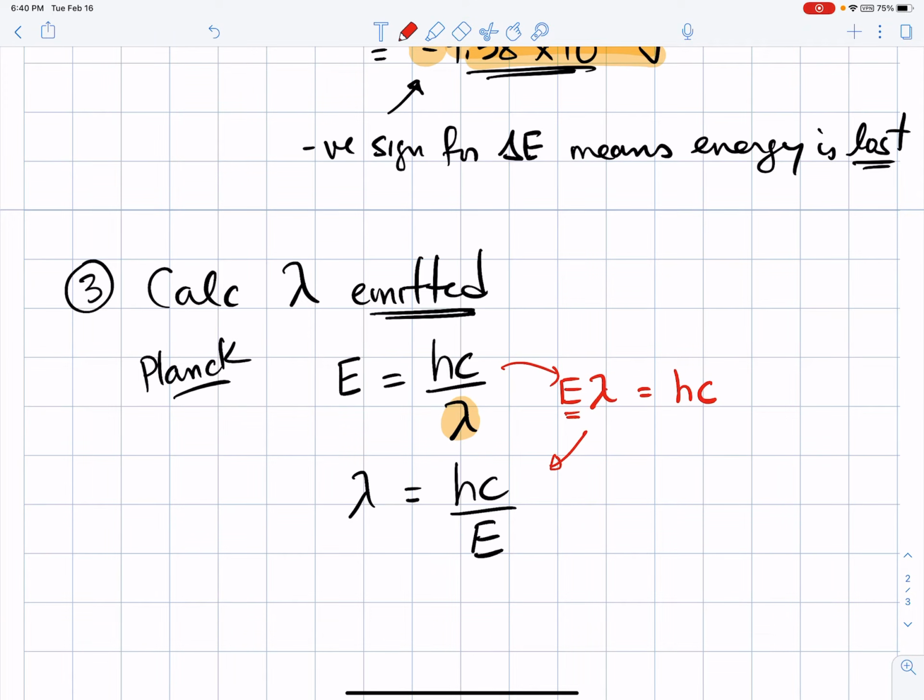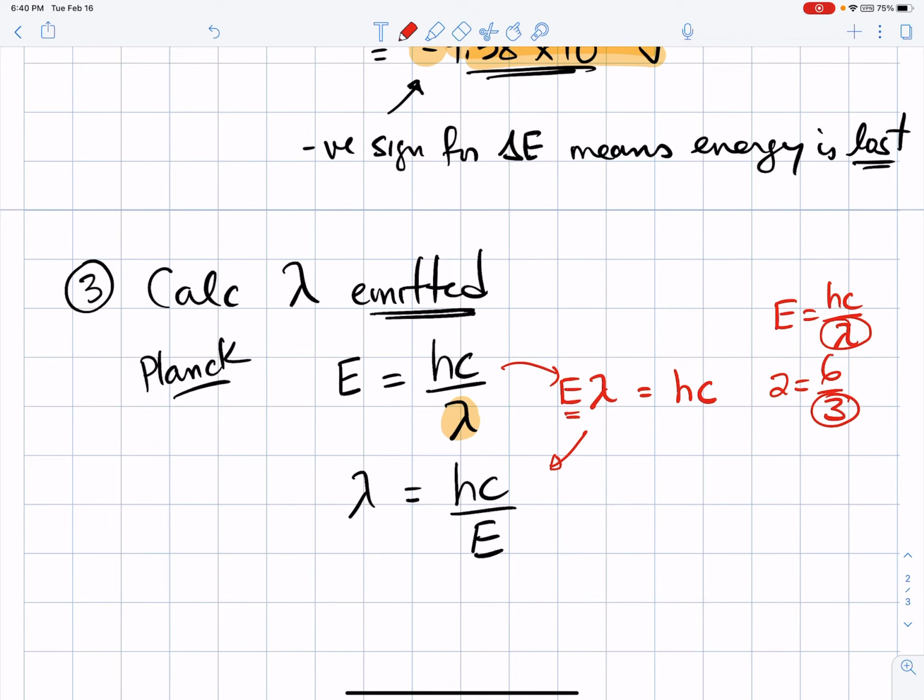That's the algebra. If that bothers you, then set up a simple equation like this, which looks like E equals hc over lambda. We're looking for lambda, which is like looking for the number 3 in our equation. To get the number 3 with these three numbers, we would take 6 and divide by 2.